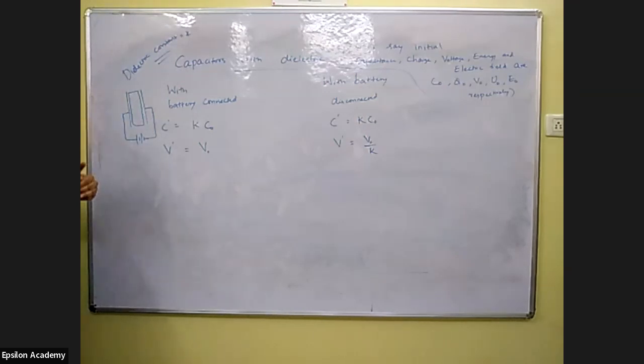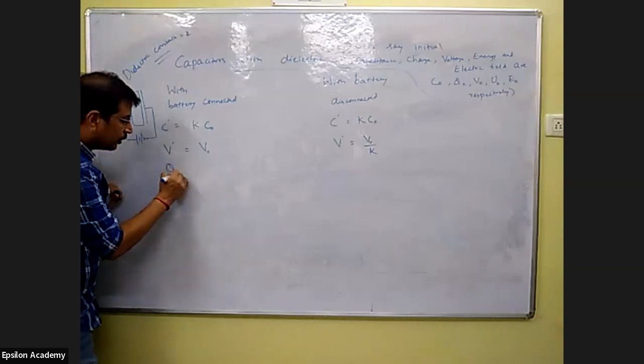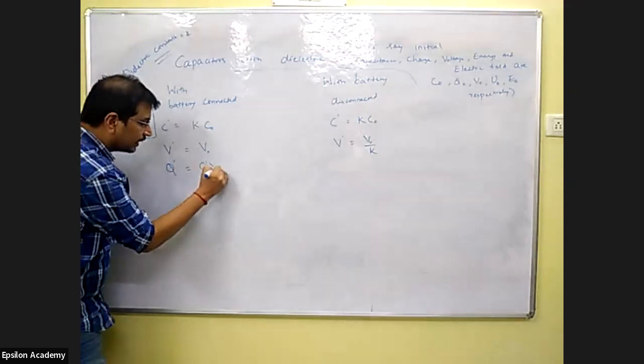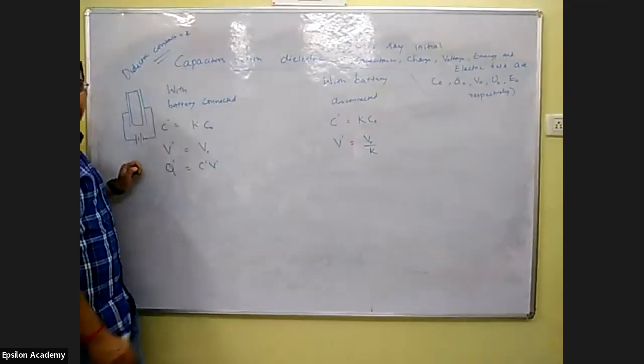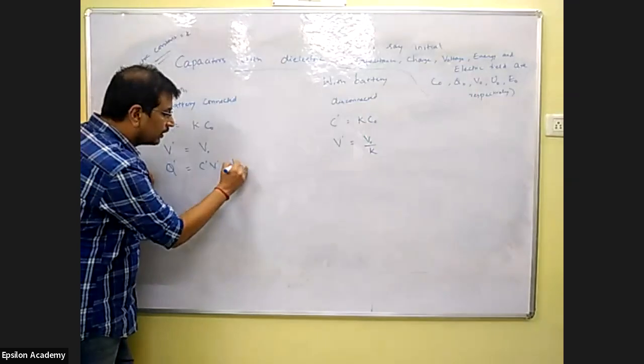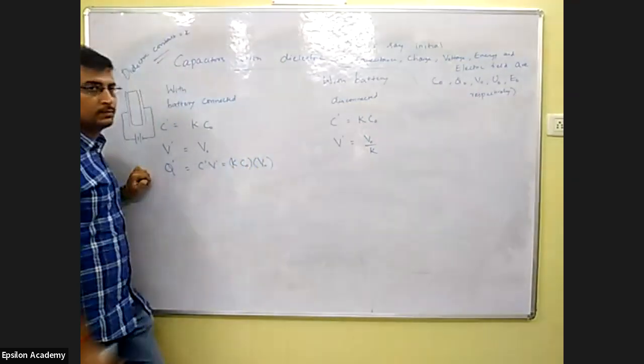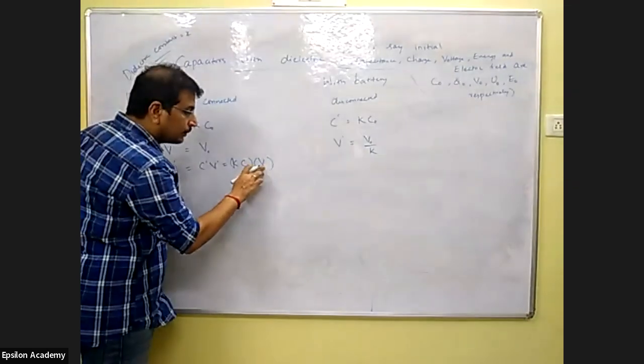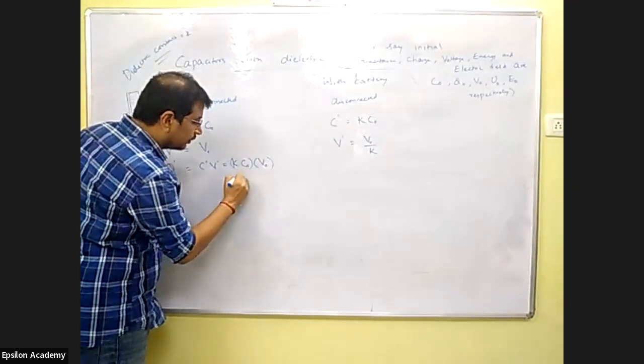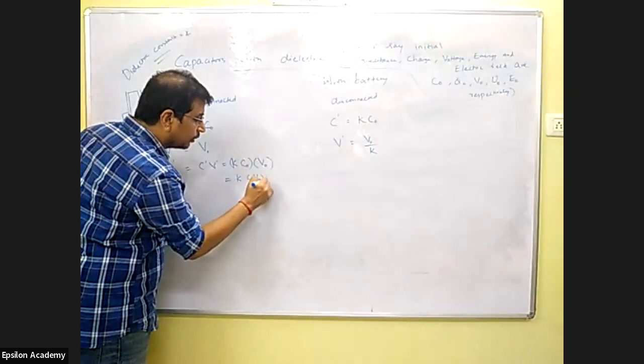Now, what is the relation between Q, C and V? Q is equal to C into V. So can I say Q dash is equal to C dash into V dash? What is C dash? K times C naught, into V dash, which is V naught. So this will become K times C naught V naught.